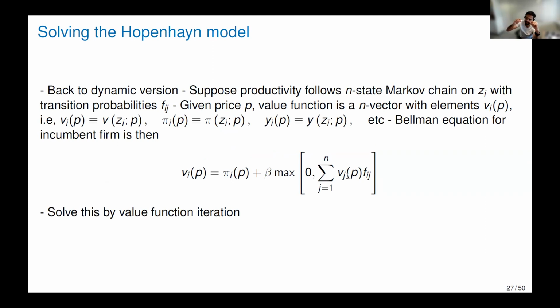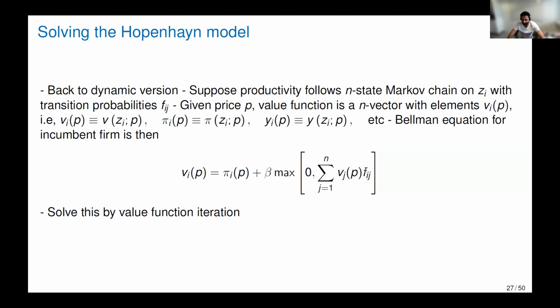There are n different states that you can take. So if I want to compute the expected value of continuation, then I need to take the probability times the value for each state of the world. That's what I am doing. So this is the expected value of continuation, the value times the probability itself. Okay. So this is exactly how you will write the code in MATLAB, in any programming language basically.